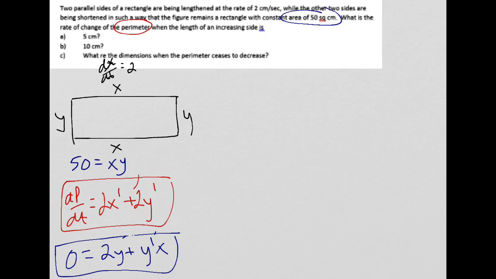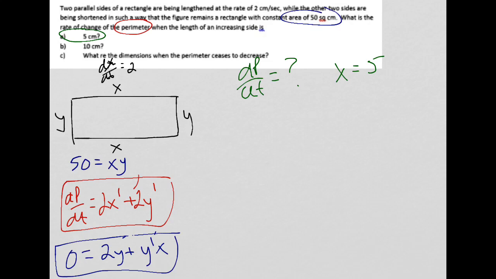All right, so the first question, A, asks what's dp/dt when the length of an increasing side is 5. So they're looking for dp/dt equals what? And they tell me that x is equal to 5.